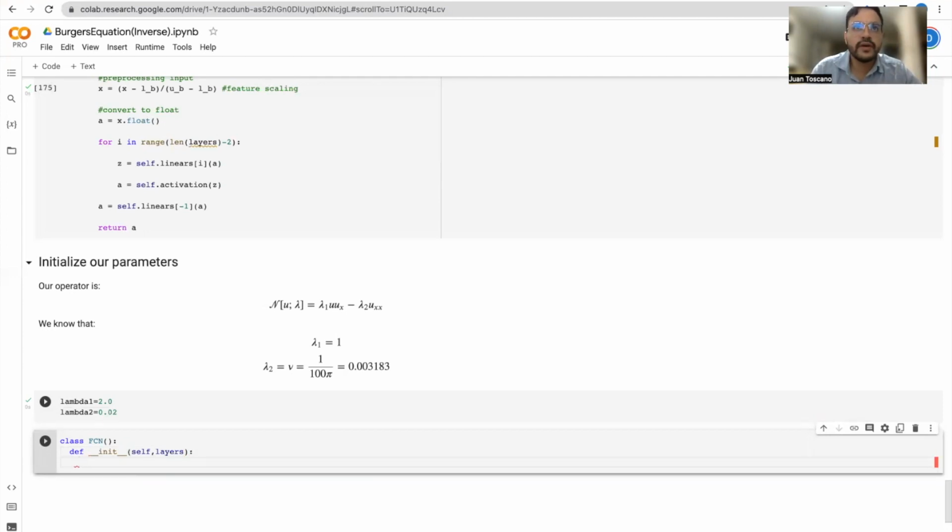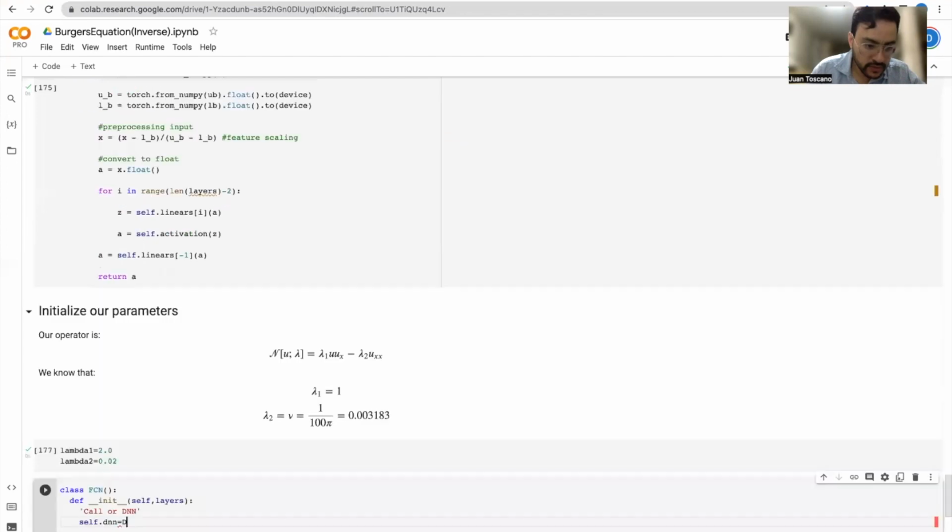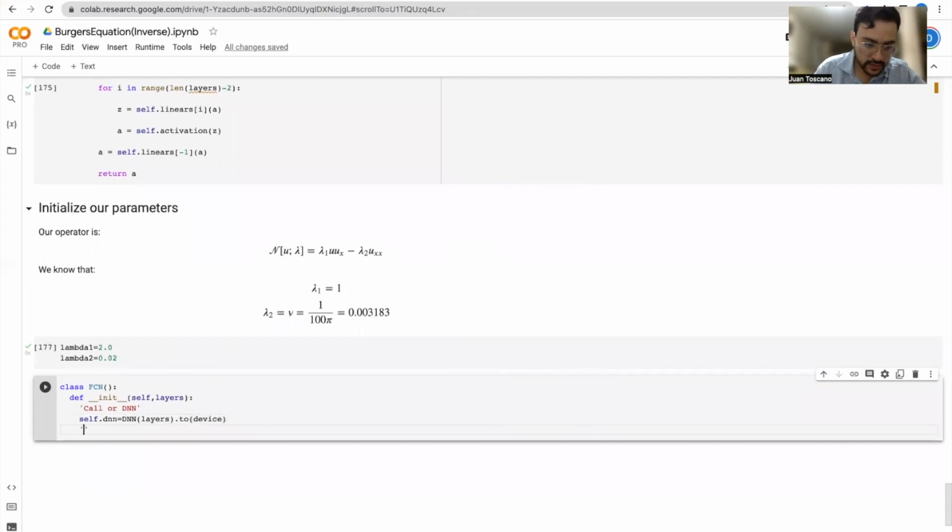Let's call our previous neural network our deep neural network. To do that, let's say self.dnn, you can give it whatever name you want, equals we define it as DNN, so deep neural network, of all layers. And once we do that, we want to send it to our device, which would be our GPU in this case.